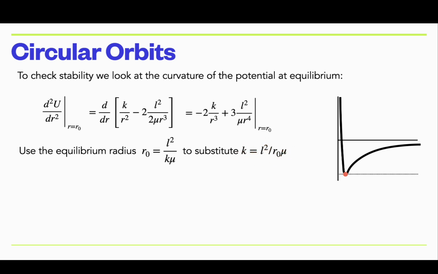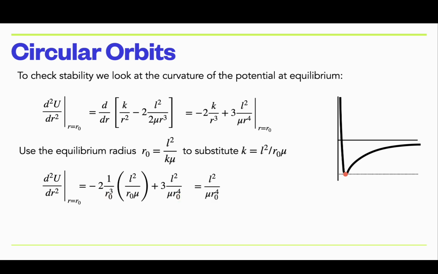So we'll take this value and plug it in for K also. So there's the value for K, plugging in for R naught, we get this. And so we find that this second derivative is L squared over mu R naught to the fourth.